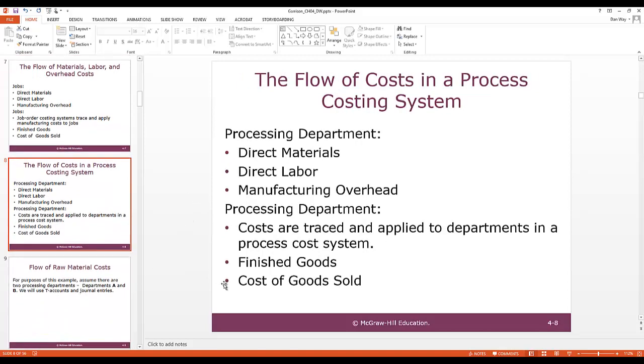In our process costing system, we're tracing those same materials, labor, and overhead costs, but we're tracing them through our individual processing departments, through work in process in each department, from department to department, and then eventually to finished goods and out through cost of goods sold. So the intermediate step is really where things differ in a process costing system when we're transferring costs from one department to the next. And we'll see that in some journal entries and T accounts coming up momentarily.